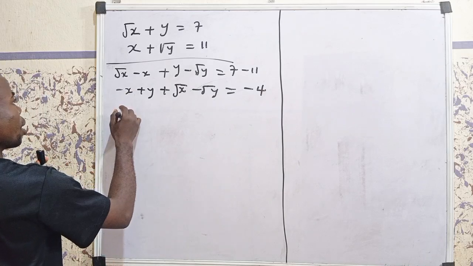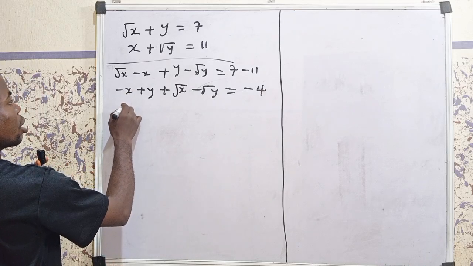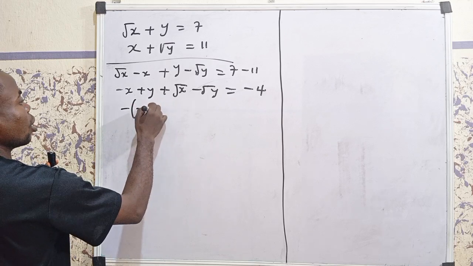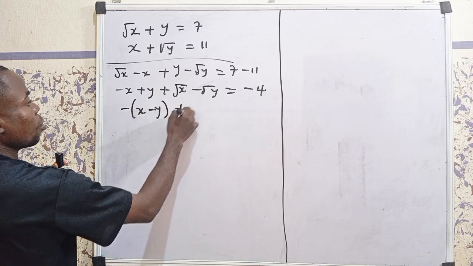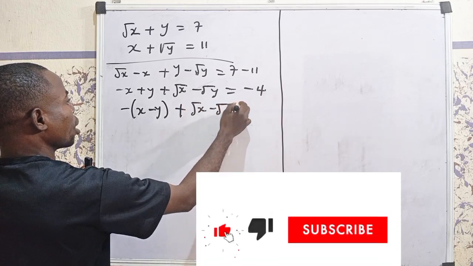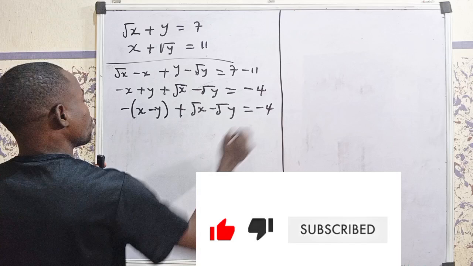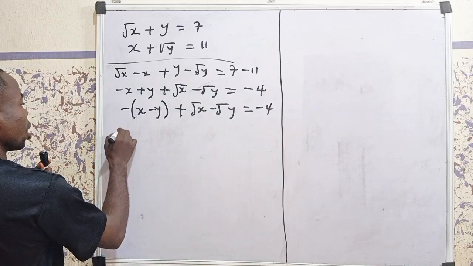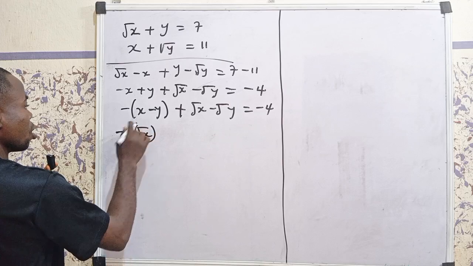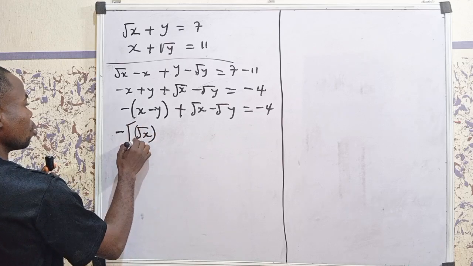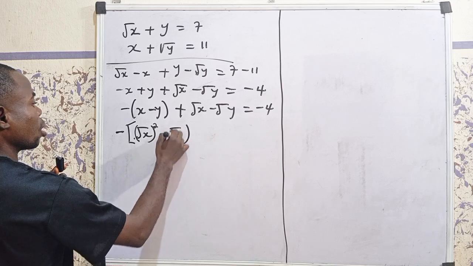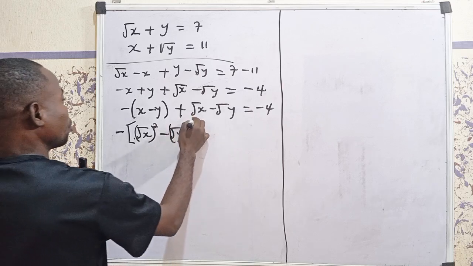And then I can write this as x minus y, okay, plus root x minus root y equals to minus 4. So I can actually write it as root x all raised to power 2 minus root y all raised to power 2.